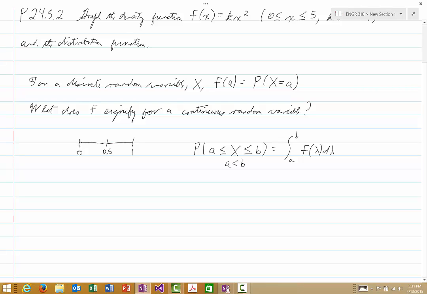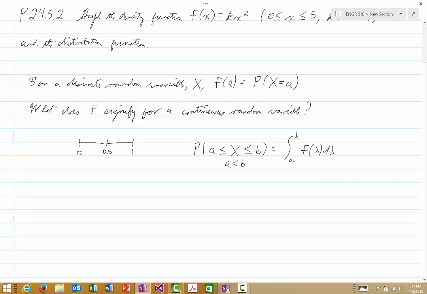Now, lambda there, don't get confused by that. Lambda is just a variable of integration, a dummy variable of integration. So you could call it lambda, you could call it t, you could call it little x, whatever you wished, because it's going to integrate out anyway.